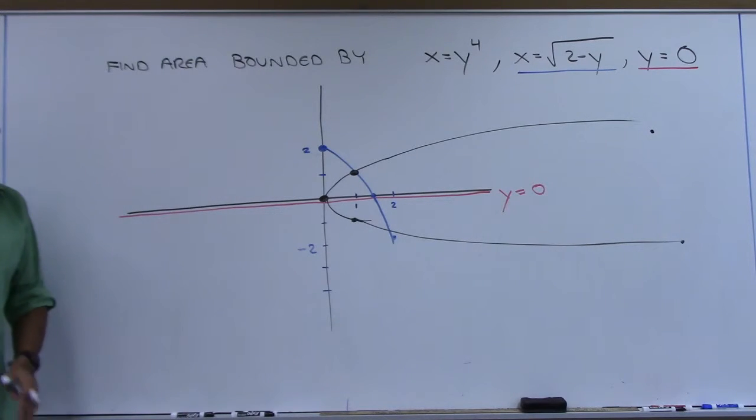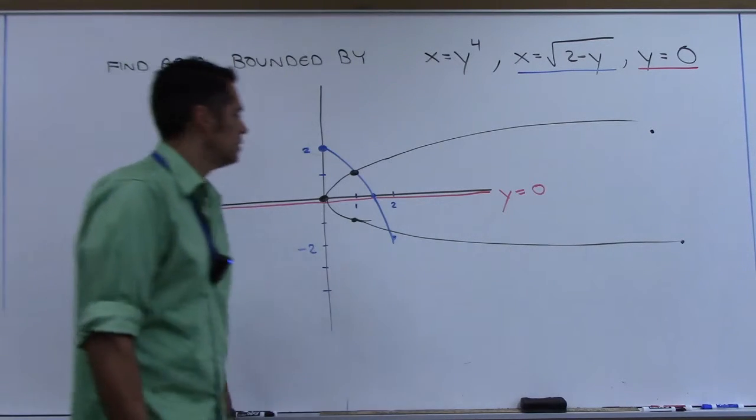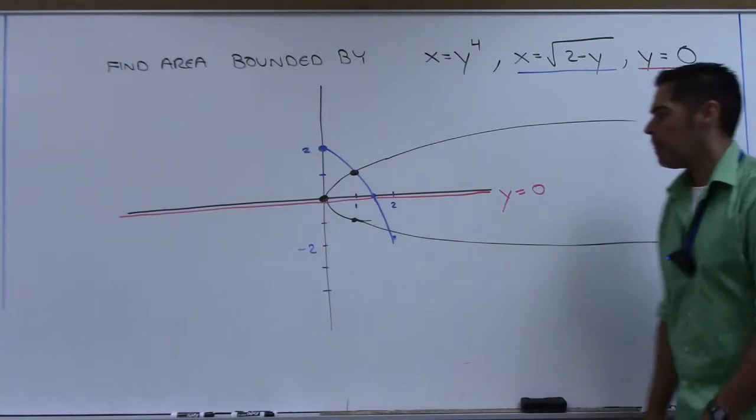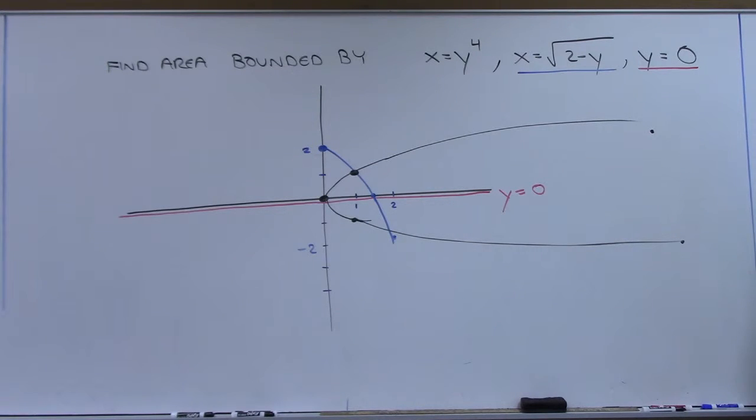Do you see the region enclosed by all of the curves? You sure you see it? There's two of them, right? Do y'all see them?